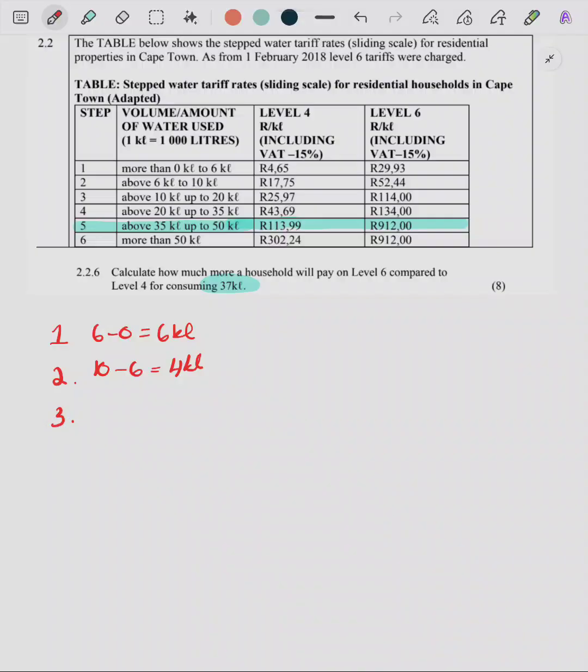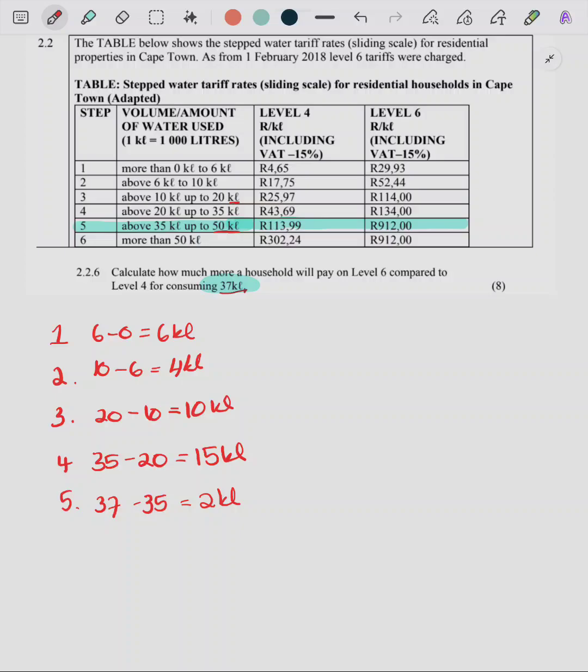Step number 3, well, step 2 ended on 10 and I'm going up to 20, so I'm going to go 20 minus 10, which is 10 kiloliters. Step number 4 is from 20 up to 35, so 35 minus 20 gives me 15 kiloliters. And then step number 5, remember, we don't want to go all the way up to 50 kiloliters, we only want to go up to 37. So I'm going to go 37 minus the 35 I ended step 4 on, gives me 2 kiloliters.